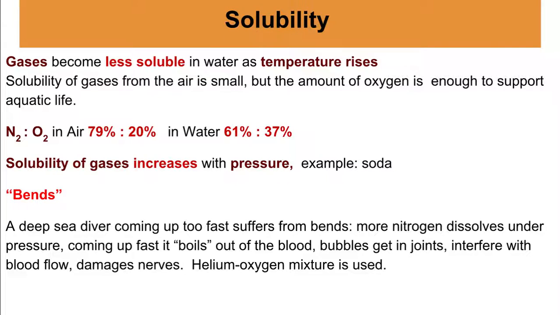So when a diver goes down, under high pressure, if he has air in his tank, the nitrogen is going to be more soluble and more nitrogen is going to get in his blood. And when he comes up, the pressure decreases really fast. So the nitrogen boils out of the blood and the bubbles get in the joints, and interfere with blood flow and the nerves, and create problems for the divers.